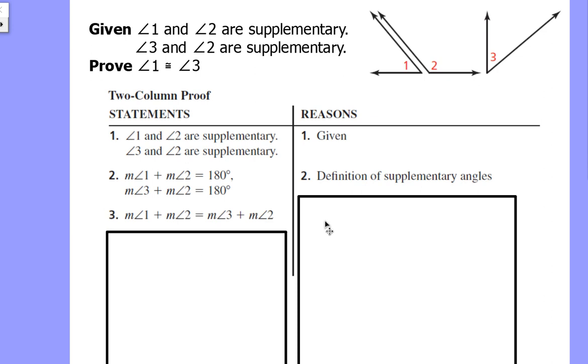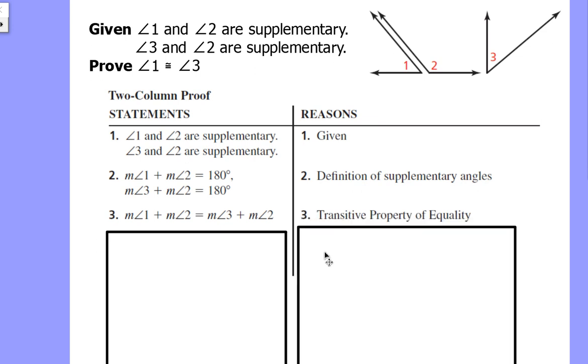And again, that is a prime example: if A equals B and B equals C, then A equals C. That's our transitive property, once again of equality, because we have not seen any congruency symbols. What do you notice about what's on both sides of our equal sign here? 1 plus 2 and 3 plus 2. What's in common? Hopefully we realize there's a measure of angle 2 on both sides.